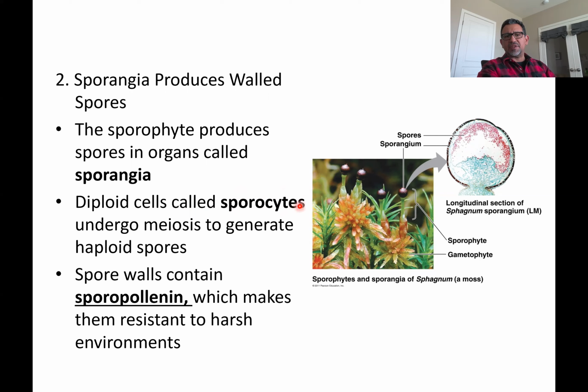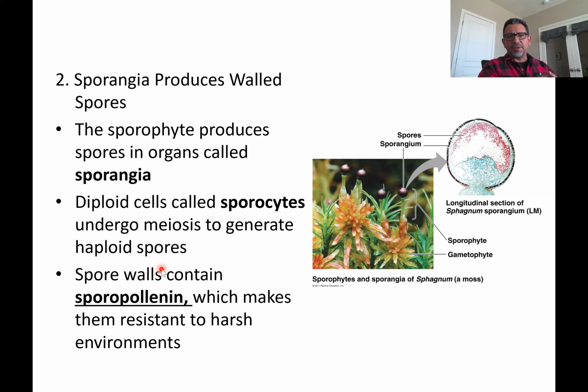Cyte means cell, the cell responsible for producing the spores. So these sporocytes are inside of the sporangia. They produce spores there, and the spore is surrounded and protected by a wall that contains a polymer known as sporopollenin.